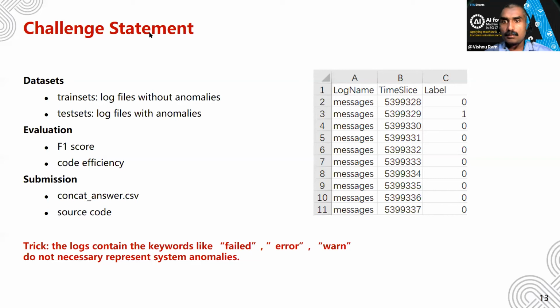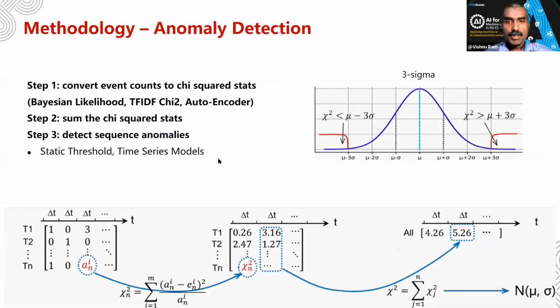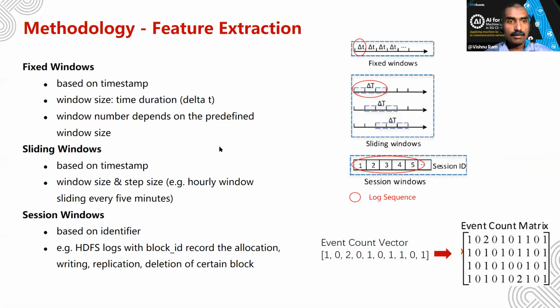So there is Filippo asking, is the time occurrence of events going to be included in the training and test data sets? Yeah. So I see time slice here, and you mentioned the sliding window, sliding time window, or session window.